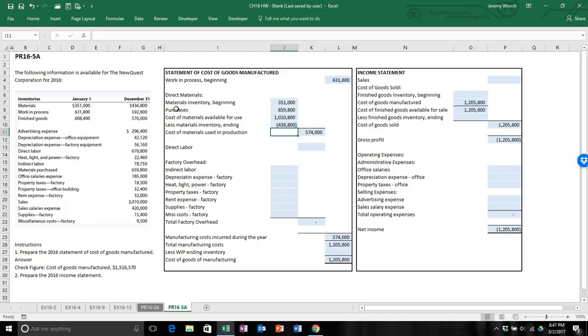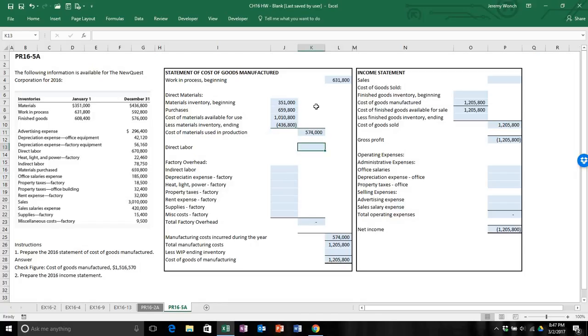So we took into consideration our beginning inventory, our ending inventory, and our purchases to figure out what went out. So out of all the materials, 574,000 actually left and went into production.